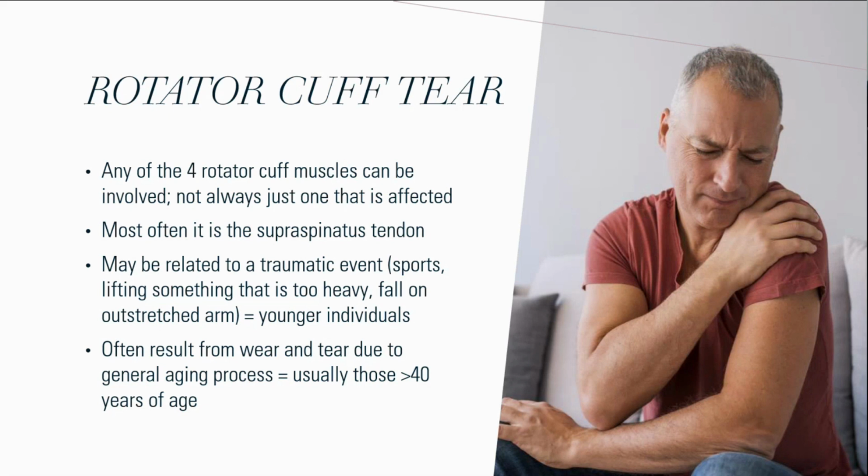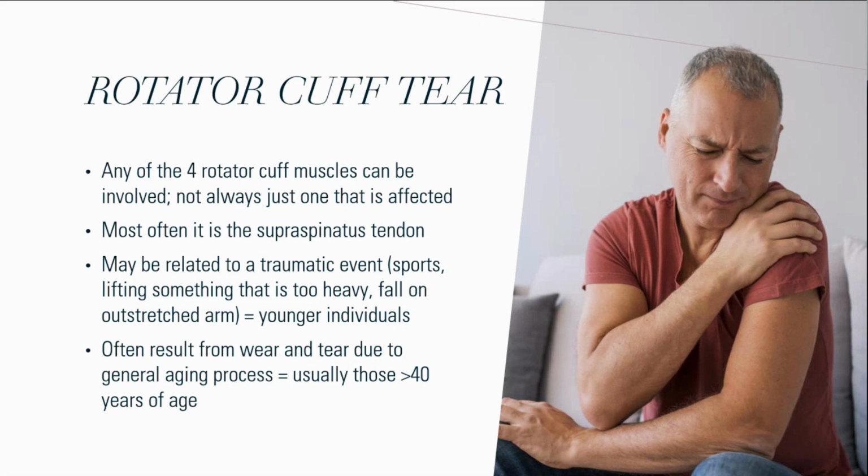Rotator cuff tears, these are another one of the more common conditions that we see that'll affect the shoulder joint. It can affect any of the 4 rotator cuff muscles, and it's not always just one that is torn. Much like with tendinitis and tendinosis, we tend to see the supraspinatus, the one that sits across the top of the shoulder joint, more often involved, just because of its location in that narrow space.